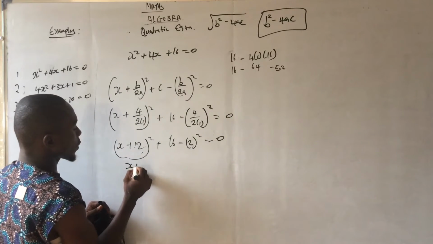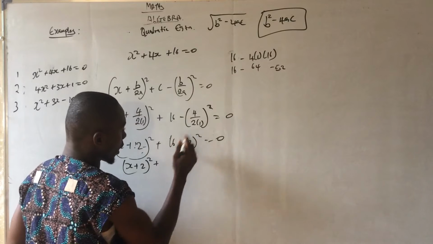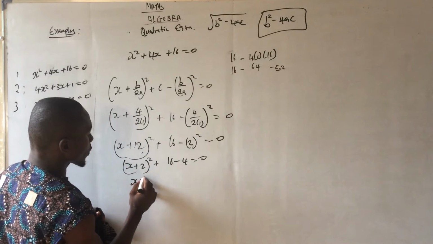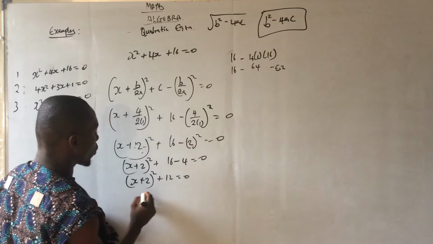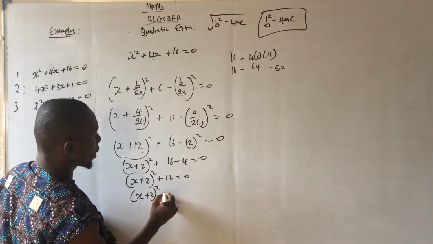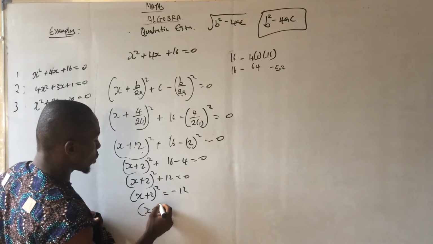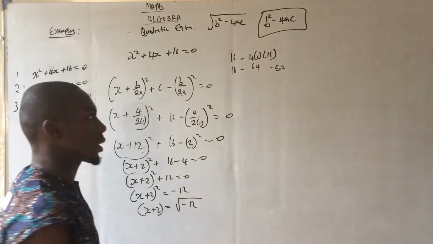So what we have here is x plus 2 raised to the power 2 plus 16 minus 4 equal to 0. We have x plus 2 squared plus 12 is equal to 0. We can actually do x plus 2 squared is equal to negative 12. We now say x plus 2 is equal to the square root of negative 12, which does not exist.